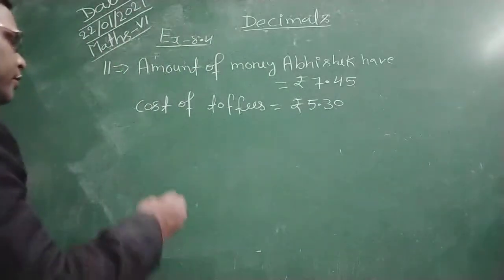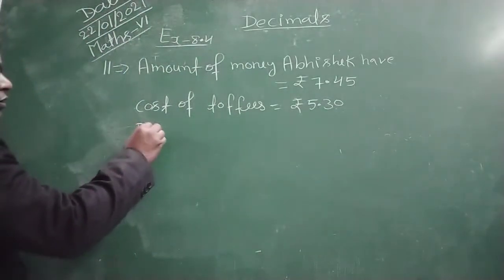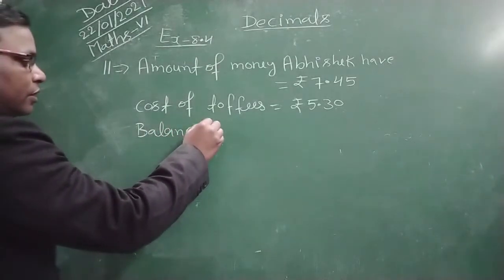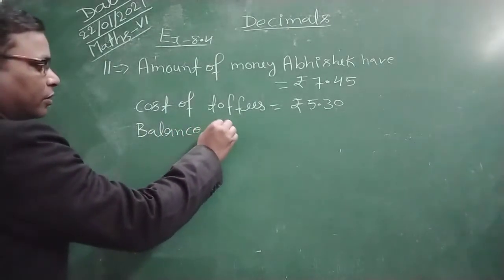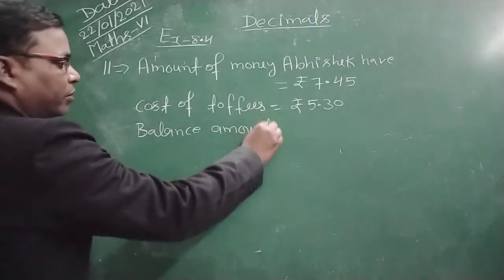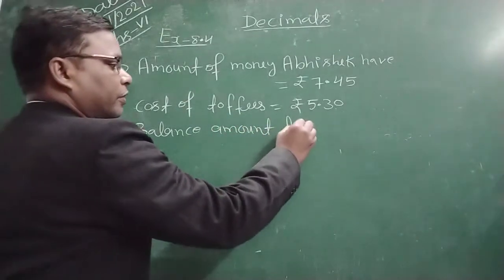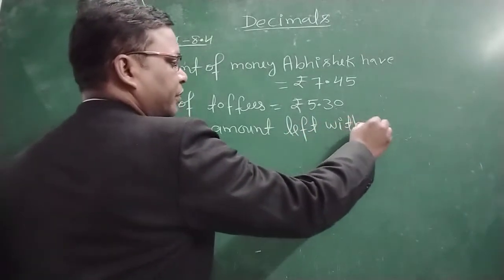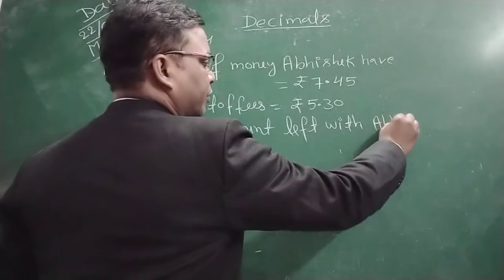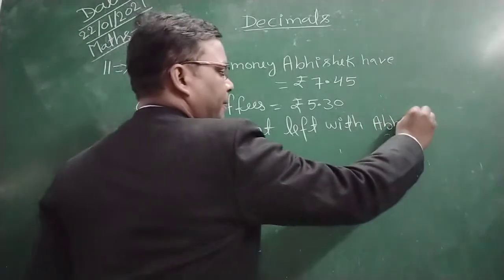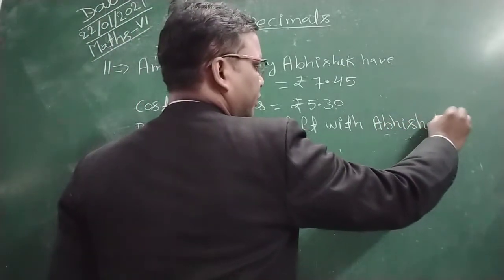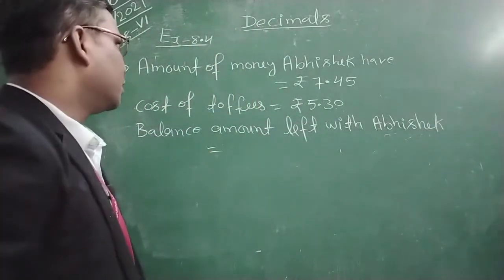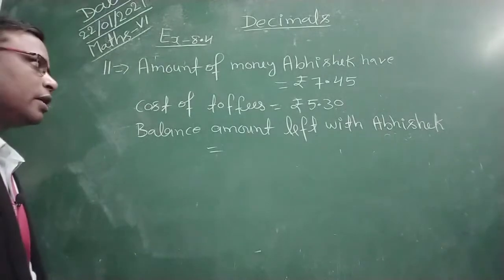Okay. Balance amount left with Abhishek is equal to, if you subtract the cost of toffee from the amount of money Abhishek had.